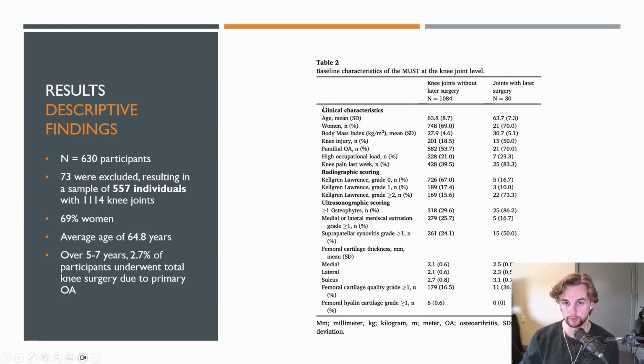You can see here, these are all the clinical characteristics that we're looking at: age, sex, body mass index, knee injury, history of familial OA, occupational load, knee pain, and then you have the radiographic scoring section, which is the Kellgren-Lawrence scoring. And then you have the ultrasonographic scoring, which is all of those other features, which we'll talk about. I'll break down a little bit more in the future.